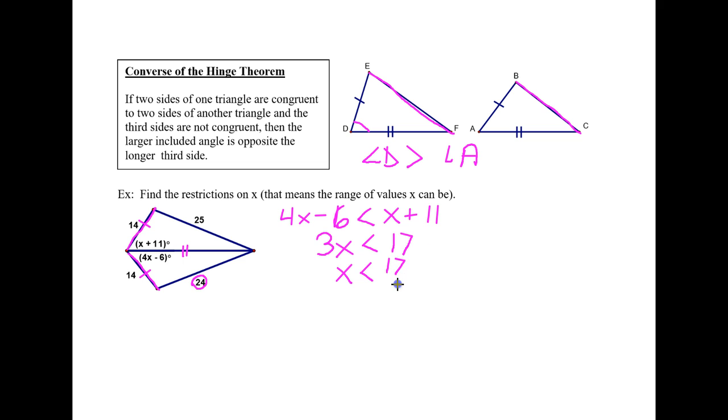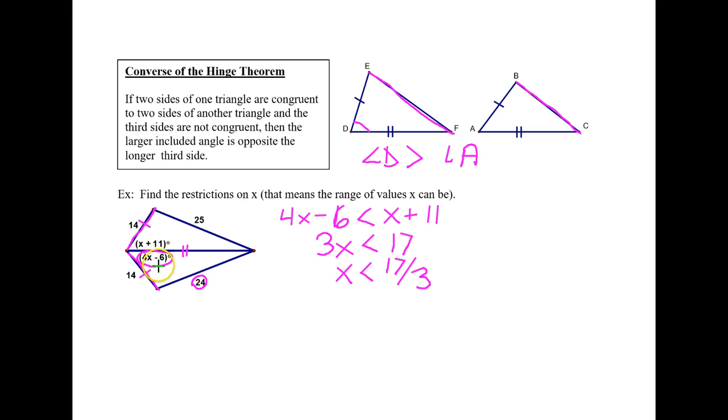All right, so I want a range of values. Remember that I've got x is less than 17 over 3. So we also need to ask what x has to be greater than. Let's come up with another inequality, similar to the other one we did. Let's take this 4x minus 6. That's a degree measurement, so we know that whole thing has to be greater than 0 degrees.